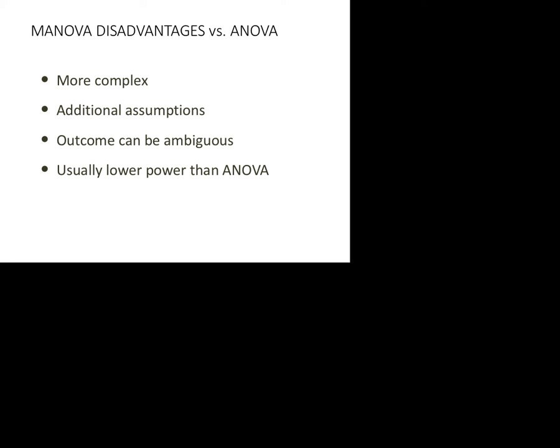Because you're dealing with multiple dependent variables and some chance, you might have results that are less than clear. And there's usually some power loss compared to ANOVA, so a greater chance of making a type 2 error.